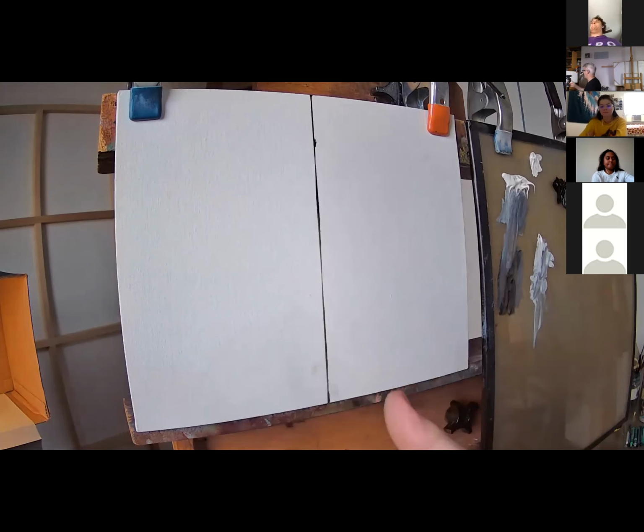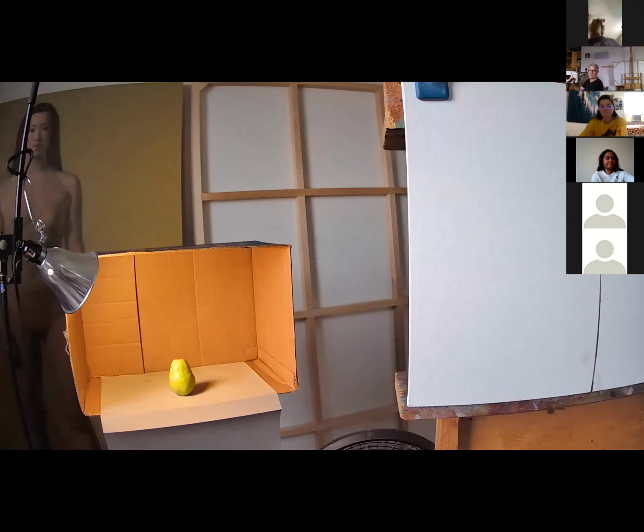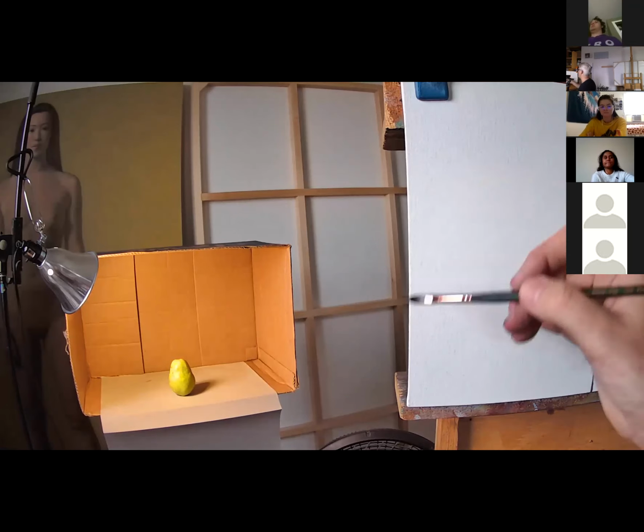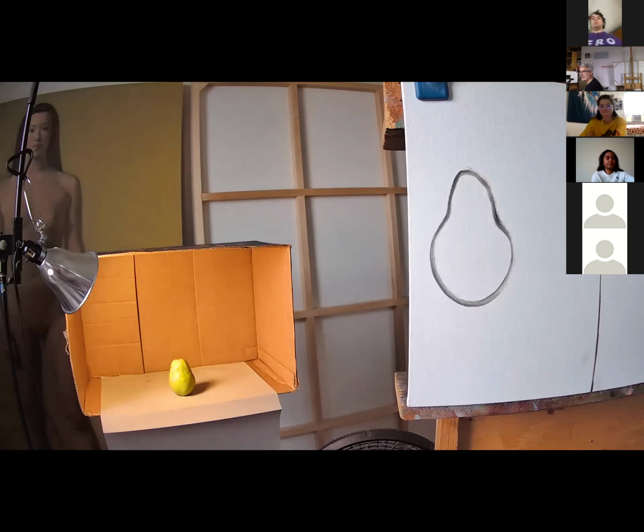When we're looking at an object like the pair I'm working from, we often have an impulse when we're drawing something like that to do this generic thing. And then we start just kind of arbitrarily filling in light and shadow wherever we see it.